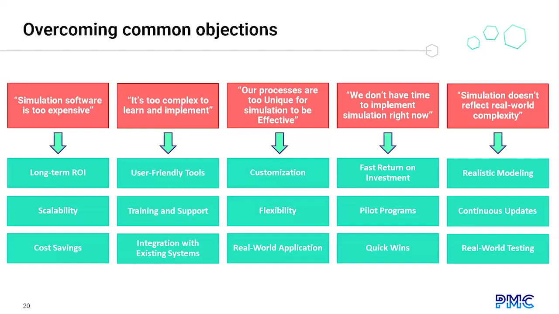And if they're off, you can just go back to the simulation model, adjust it, and make it more reflective of the real world complexity. This kind of feedback loop between simulation and real world testing is crucial for continuous improvement. Okay.